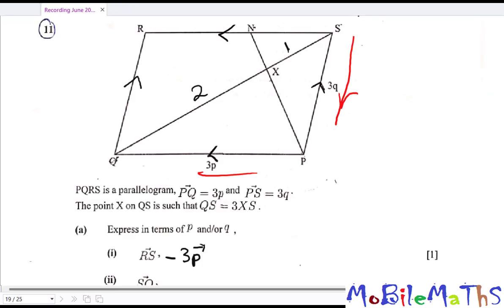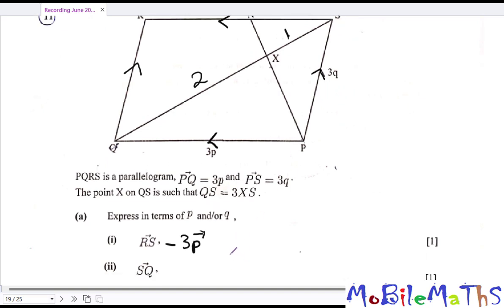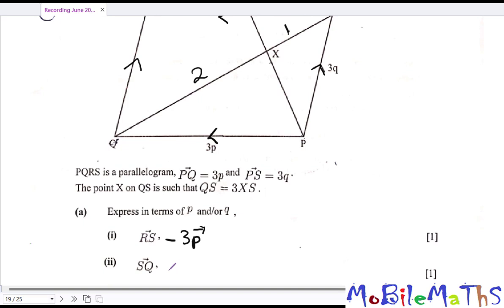So using that direction, my SQ is going to be equal to, we said I can use SP, then plus PQ.